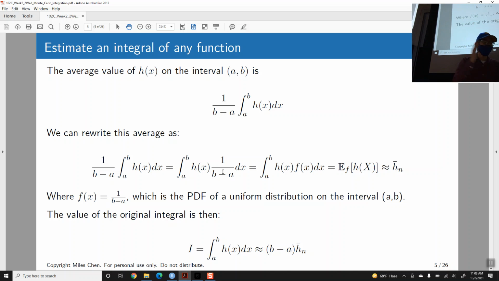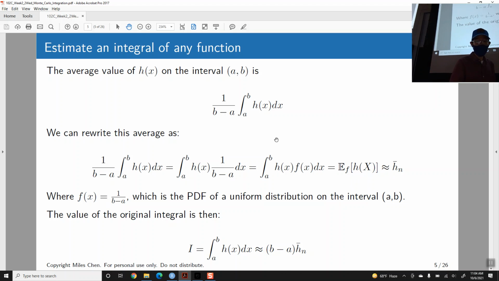So if your uniform distribution goes from A to B, your PDF is just 1 over the distance between A and B. If your uniform distribution is the standard uniform going from 0 to 1, your PDF is just 1. But if it's going from 0 to 7, it's going to be 1 over 7. Anyway, this is in the form of the function h times the PDF, and we can take the integral of this thing by using the Monte Carlo estimator.